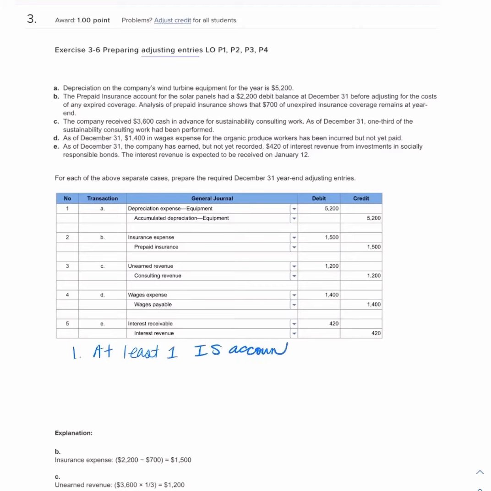And I strongly recommend you write these along with me, because the more you write it and the more you say it, the more you will remember it. Then you need at least one balance sheet account. You need total debits to equal total credits.